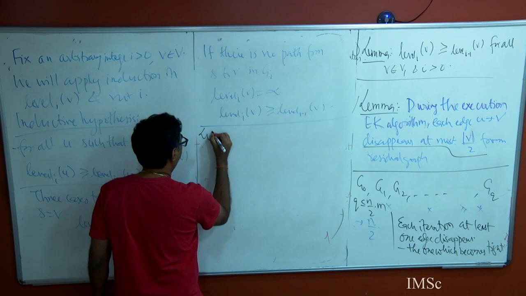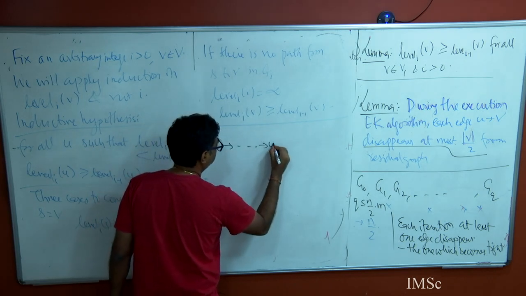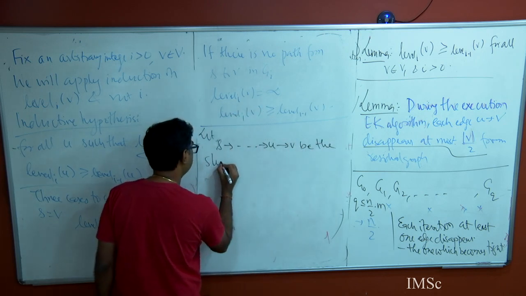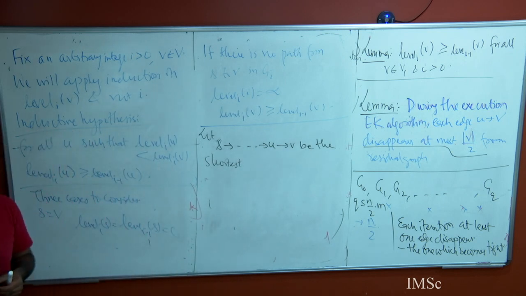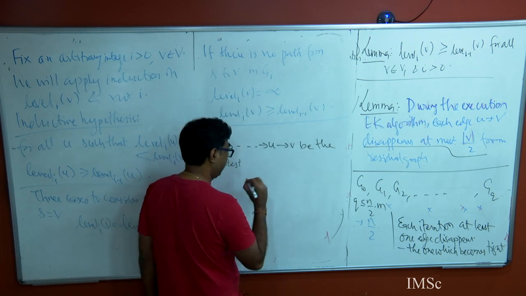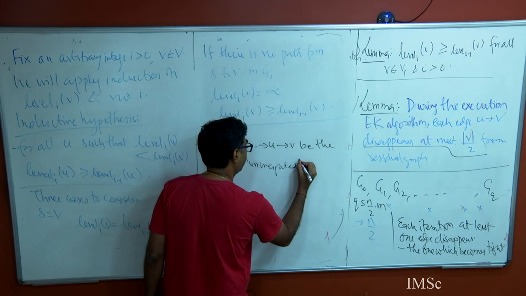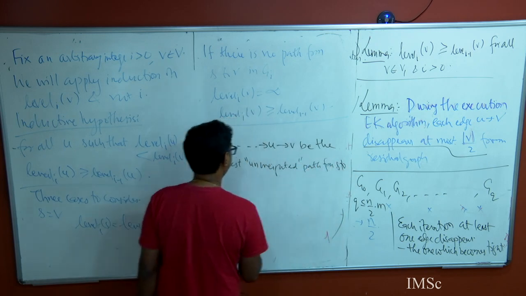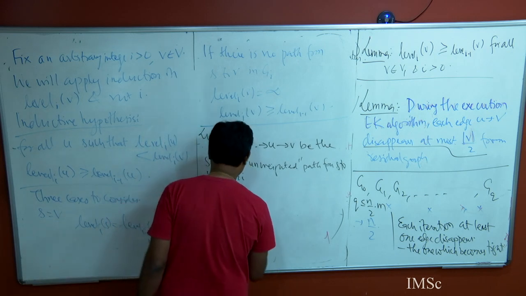Let S ... U V be the shortest unweighted path from S to V in G_i.